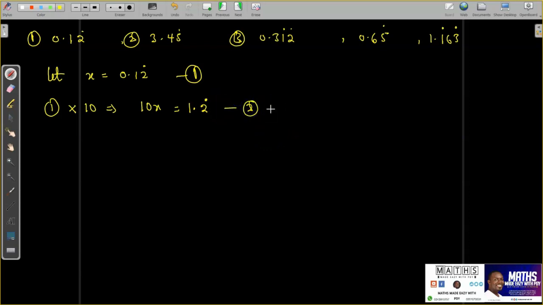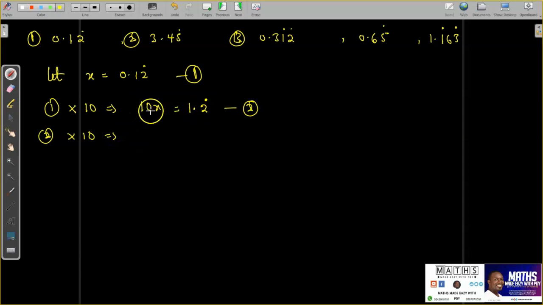Then after transposing the digit which is not recurring, now you can consider transposing one of the recurring decimals. In this case, we have only one digit which is recurring. Hence, how can we transpose one of them to join the whole number section? We multiply through by 10. So equation 2 by 10.